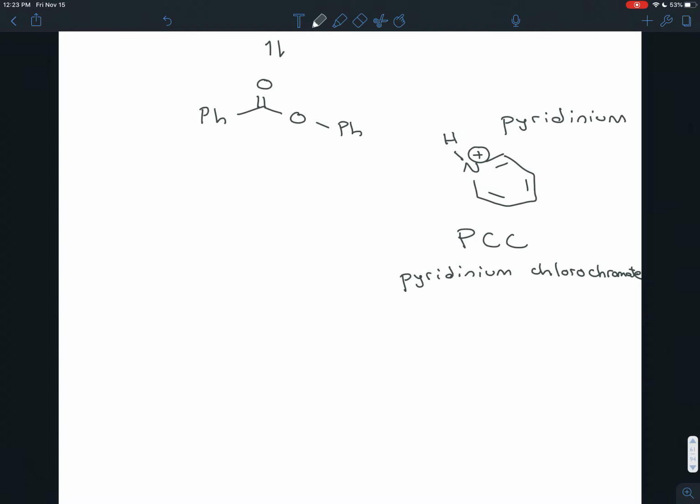So you have the pyridinium there, which is stabilizing a chlorochromate. So chromium there, and there's a negative charge in that chromate that the positive charge in the pyridinium is stabilizing.